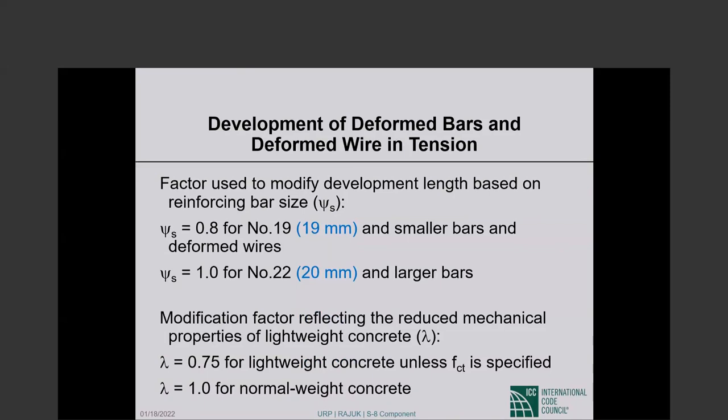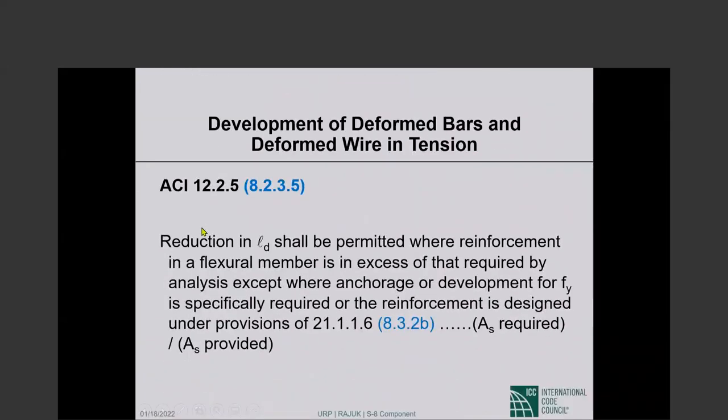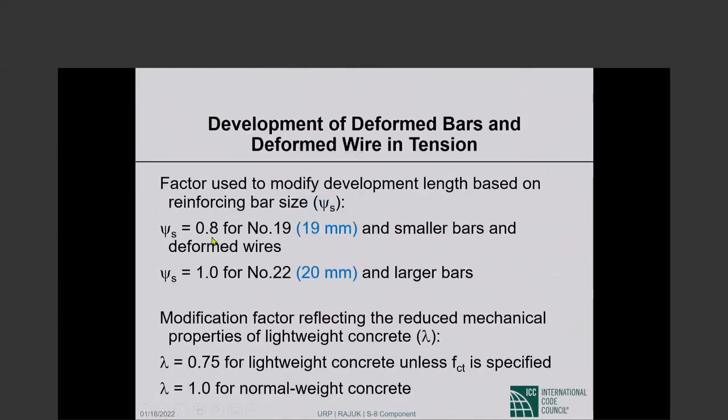The size effect factor, psi sub S, which is in the individual expression, not in the table. Psi sub S is 0.8 for, if I press in any way with this arrow, I go to the next slide, and I have to keep myself from pressing.